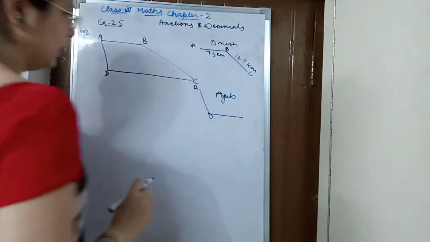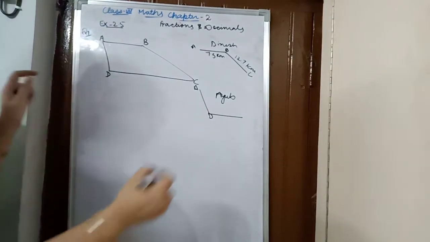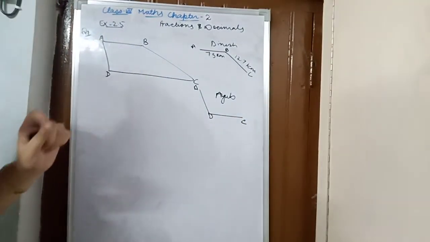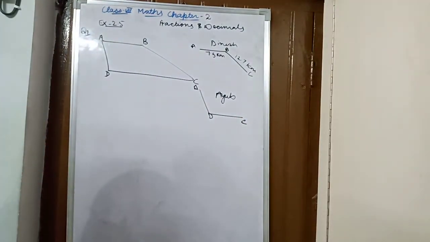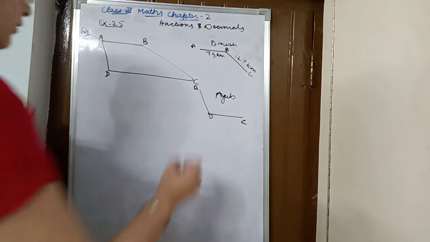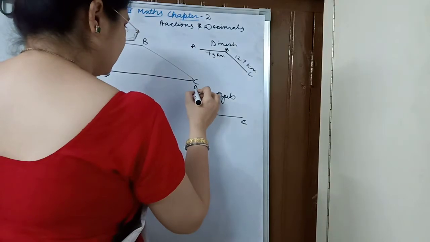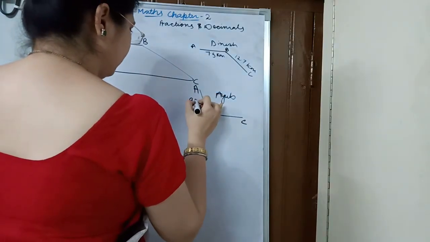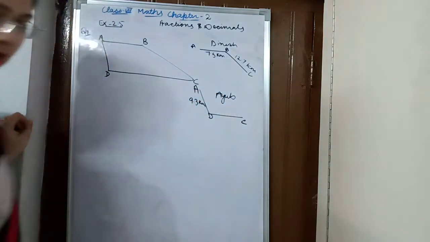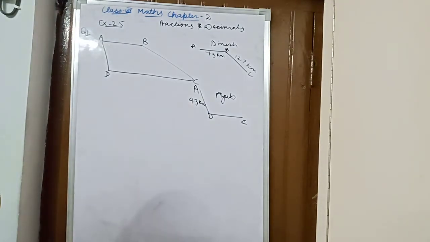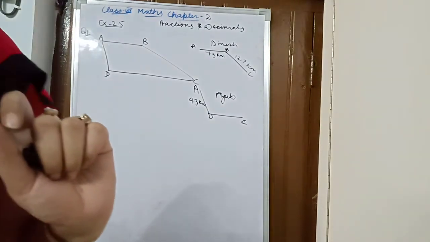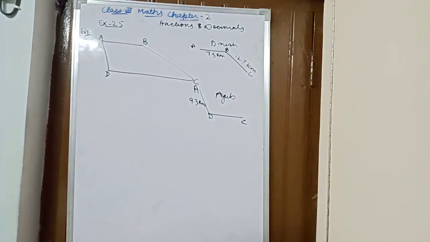After that, D is 9.3 km from A. That means the distance between D and A is 9.3 kilometers, and the distance between C and D is 11.8 kilometers.